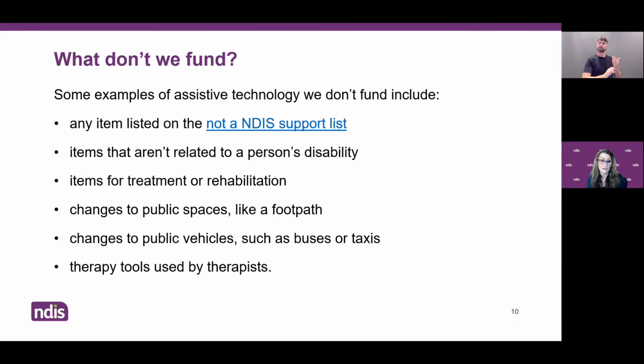That is the responsibility of the health system. We don't include changes to public spaces like footpaths or changes to public vehicles such as buses or taxis. And we don't include therapy tools that are used by therapists.